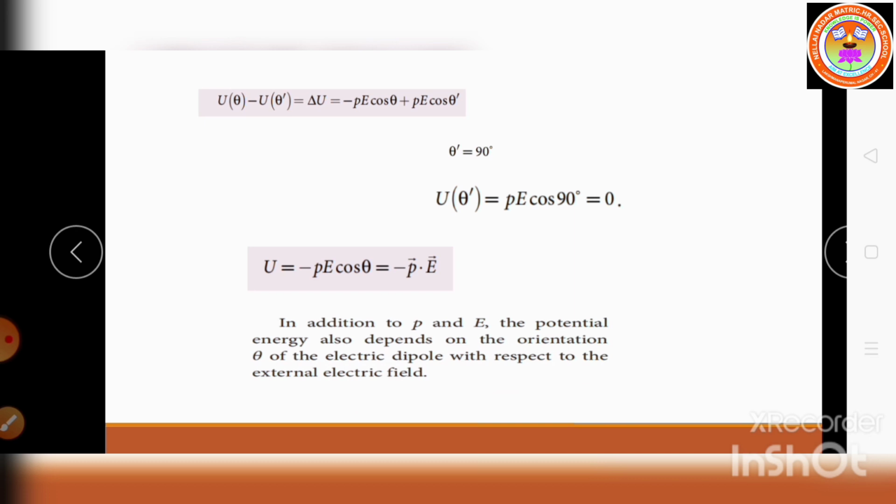Orientation depends upon the angle theta.